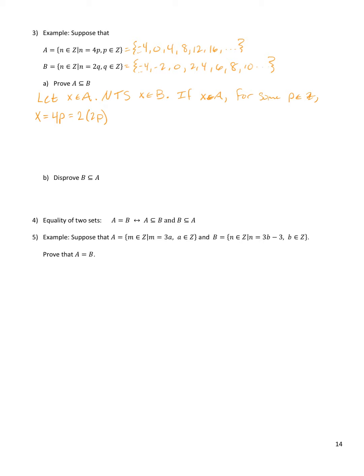And 2p is also an integer, because adding and multiplying integers gives you integers. So since 2p is an element of the integers, x, which is 2 times 2p, is a multiple of 2.